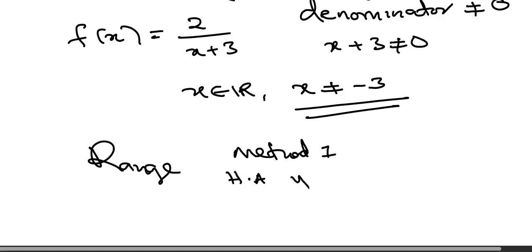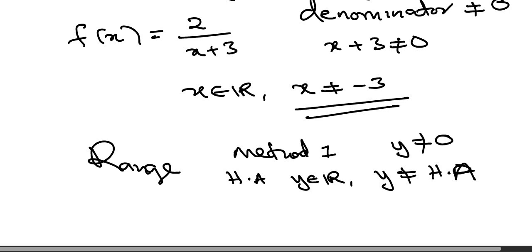So the range is all real numbers, but not the horizontal asymptote, which is 0 in this case. When it's bottom heavy, when there's no x on the numerator but there's something that has x at the bottom, the horizontal asymptote is always equal to 0. So we're saying all numbers but not 0.